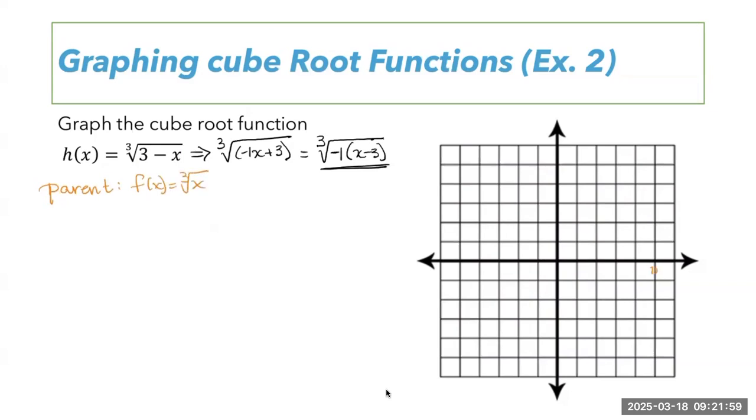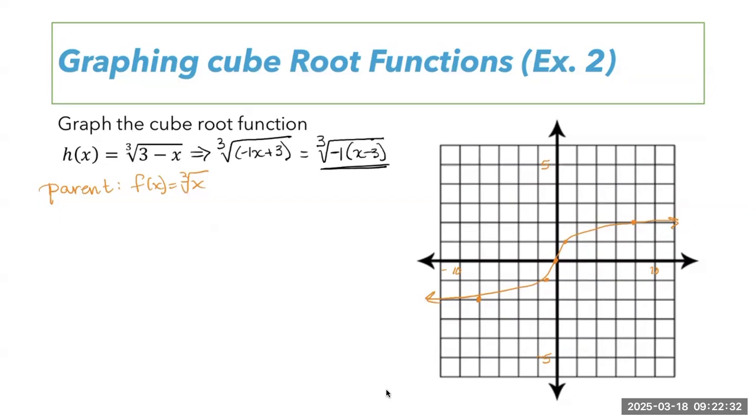And again, I'm going to use my scale of 2's on the x-axis and 1's on the y-axis. Okay, so (0, 0), (1, 1), (8, 2), (-1, -1), (-8, -2). Okay, so here's the graph that we're starting with.